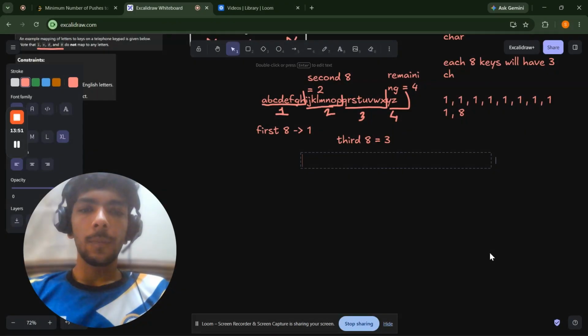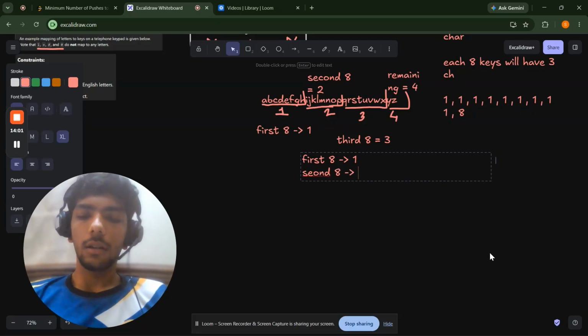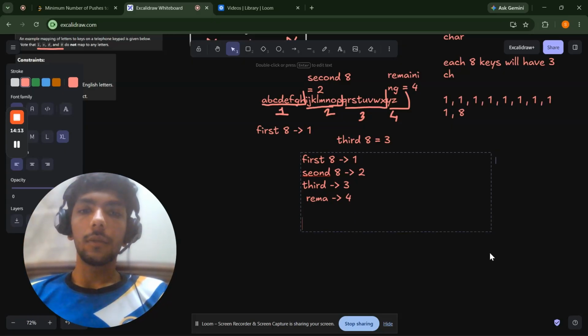Okay. So now what we will do is, first 8 will require one push each, second 8 will require two pushes each, third will require 3, and remaining will require 4. We will see how many require 1, and after all 8 are filled, how many require 2.